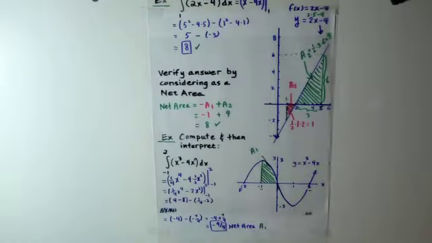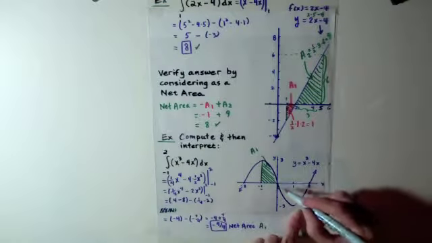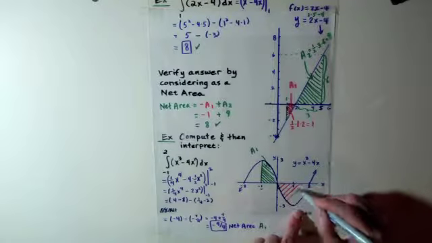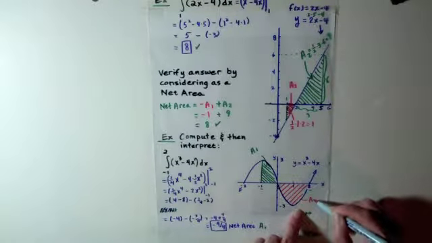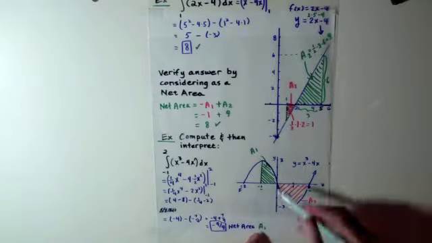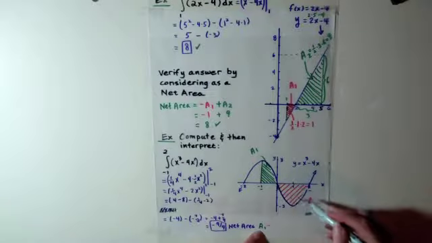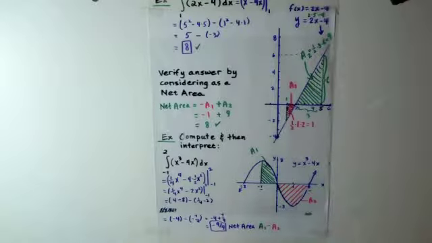And then from 0 up to 2, the function is below the x-axis, so that will contribute something that is negative to my net area. So I would have whatever the positive green area is, and then minus this red area. It would be A1 minus A2. And does it look correct that we come out with a negative answer? Well, I believe it does.